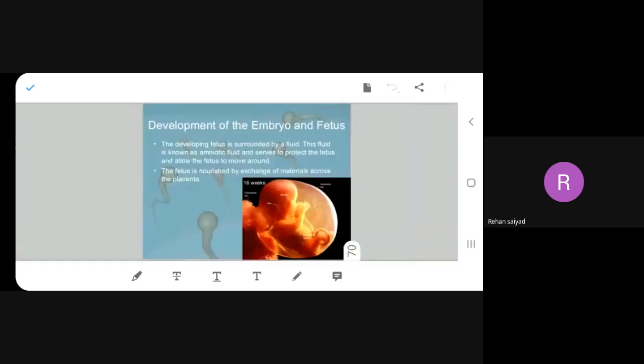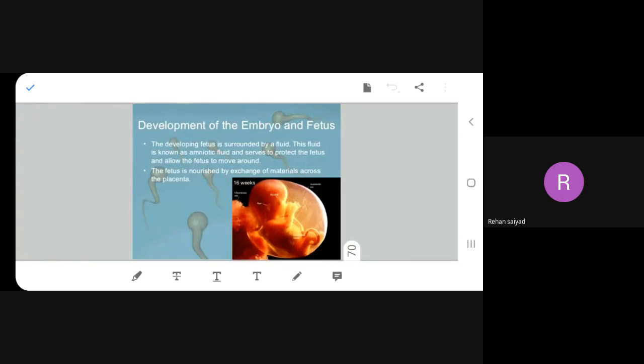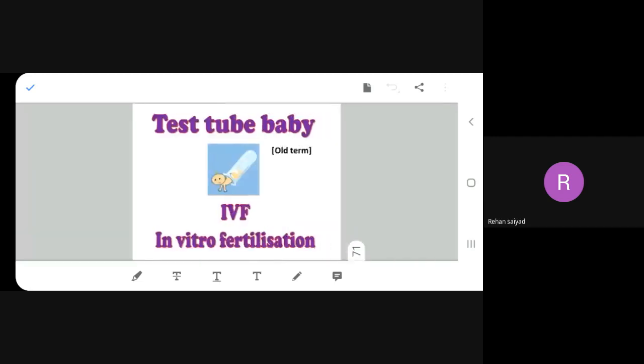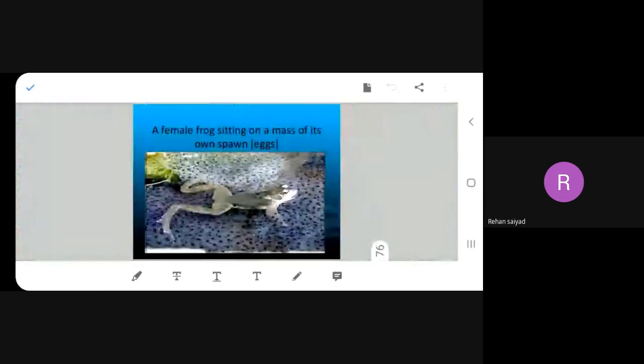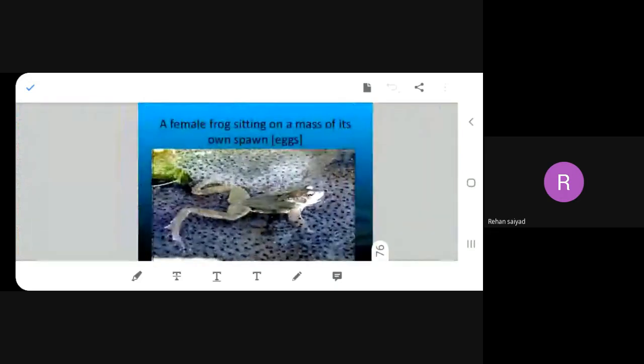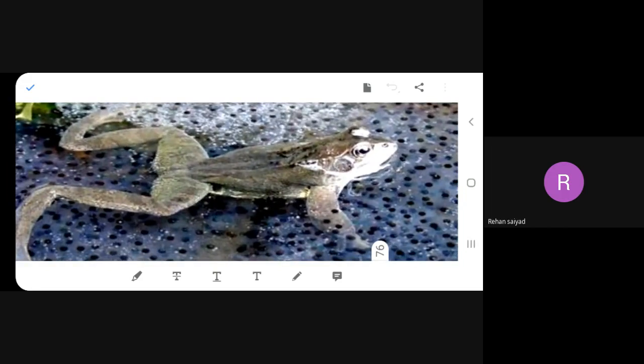What is it? False. Then what is it developing from, beta? If it is false, then what is true? You should know that. So this is external fertilization, right? It is sitting on the eggs. Then what is true?